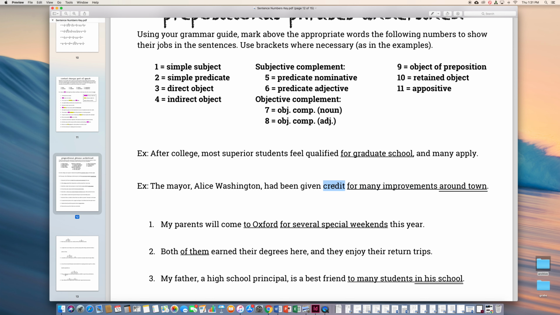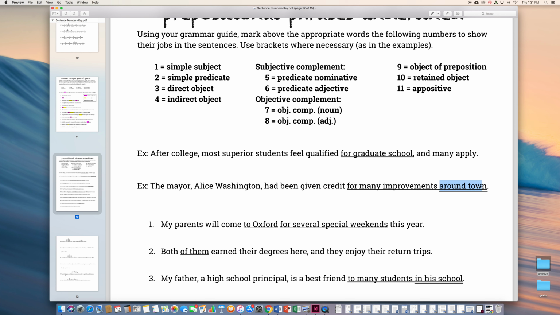So this is what type of credit is being given to Washington, Alice Washington, the mayor. And mayor, of course, being the subject here. So she's the subject, give is the transitive verb, credit the object. So the prepositional phrase is just a modification. What type of credit? Credit for many improvements around town.